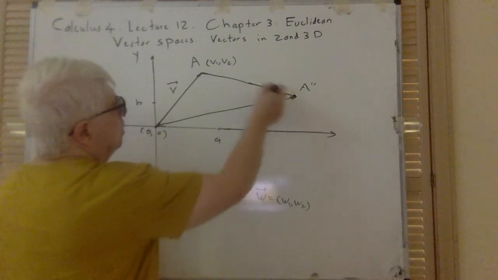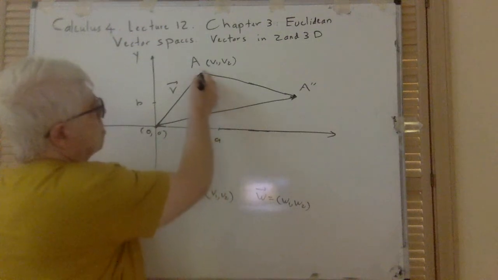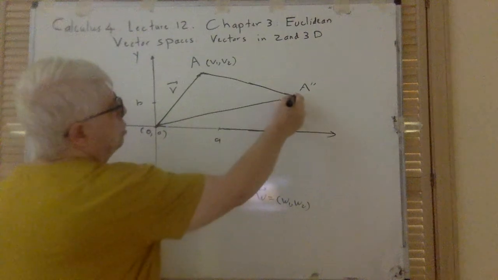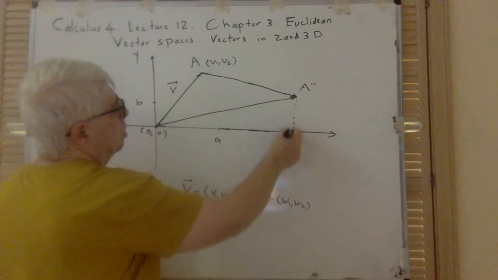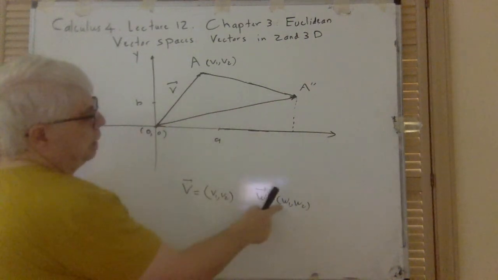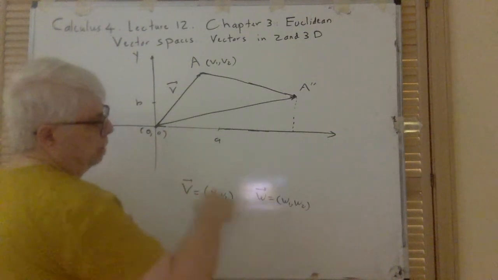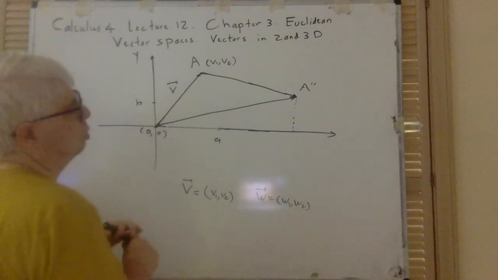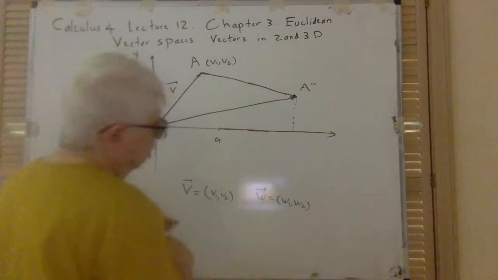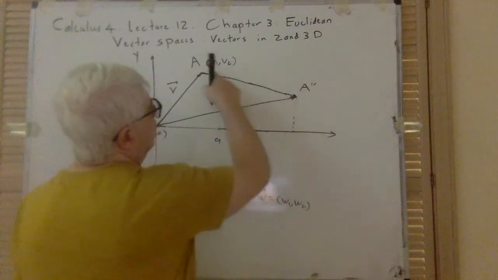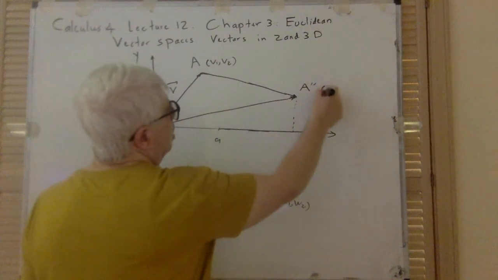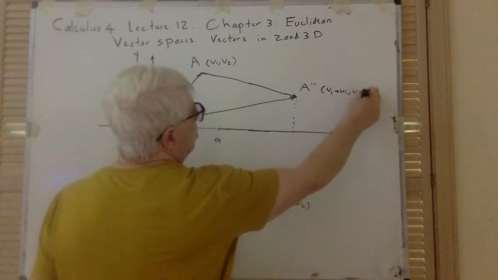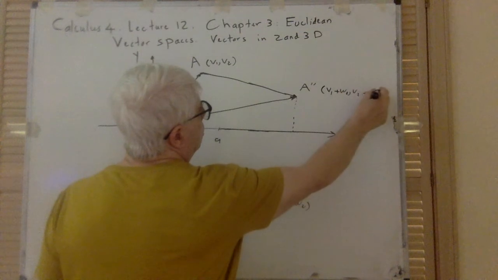Okay, let's see, it goes in this direction with a certain magnitude. What are the coordinates of this point? You see, it adds W1 to the x coordinate and W2 to the y coordinate. So this A double prime has coordinates: it was here, now it is at (V1 + W1, V2 + W2).